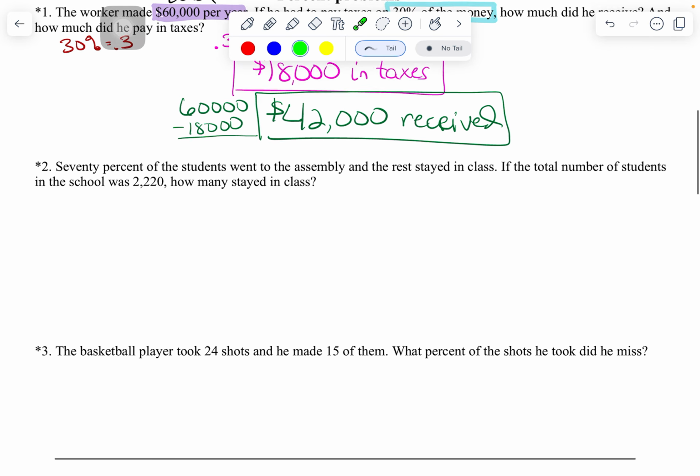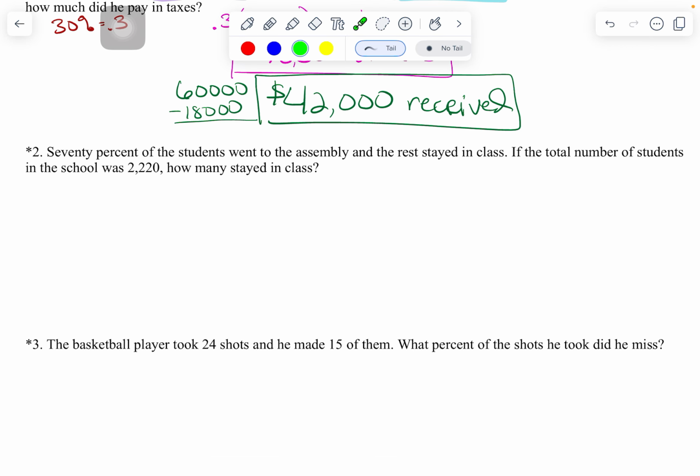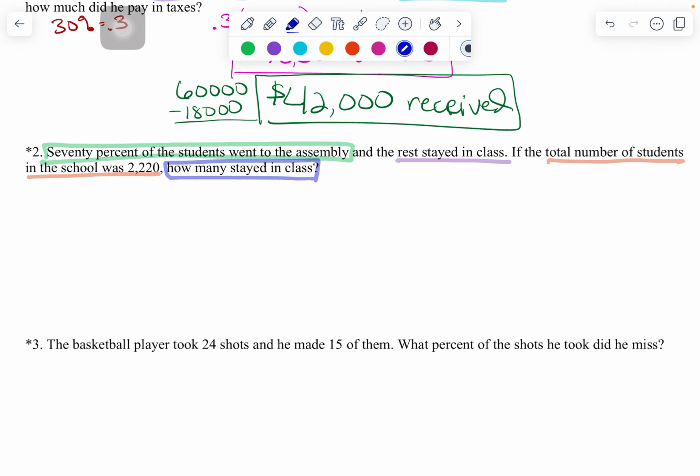Let's see what problem number two looks like. I'm going to highlight what we've got here. 70% of the students went to the assembly. The rest stayed in class. The total number of students in the school was 2,220. How many stayed in class?